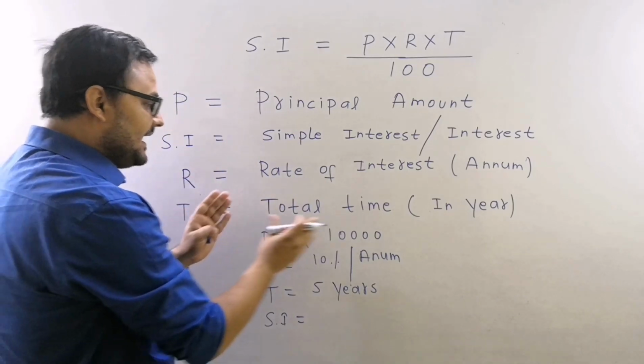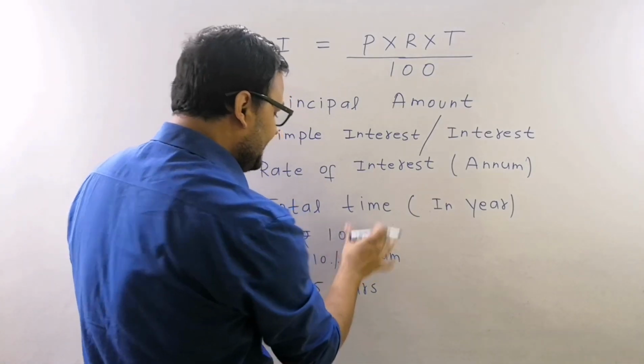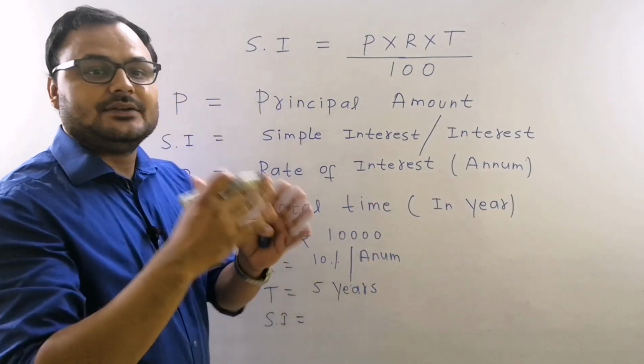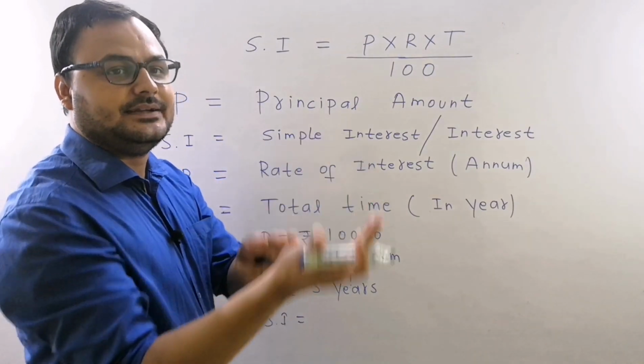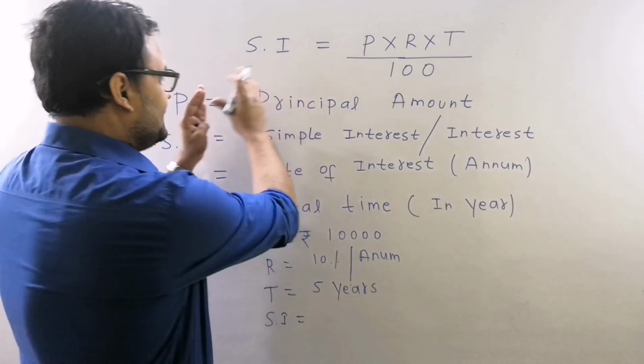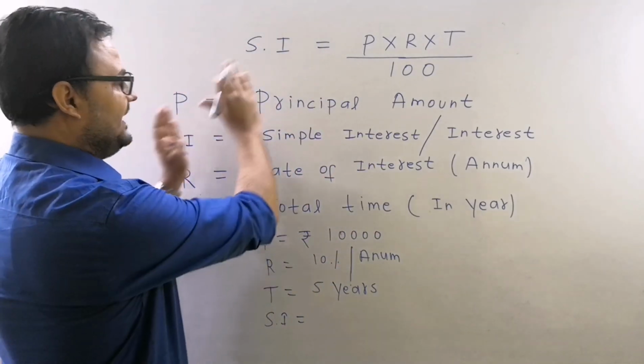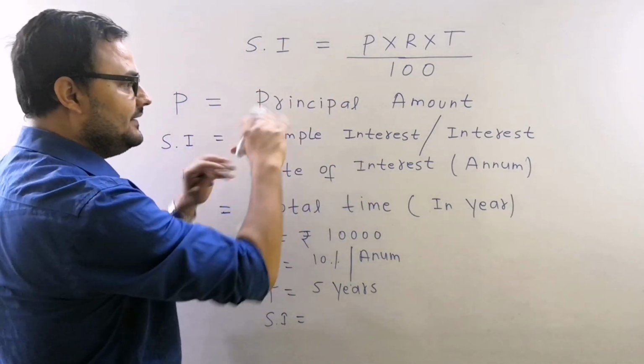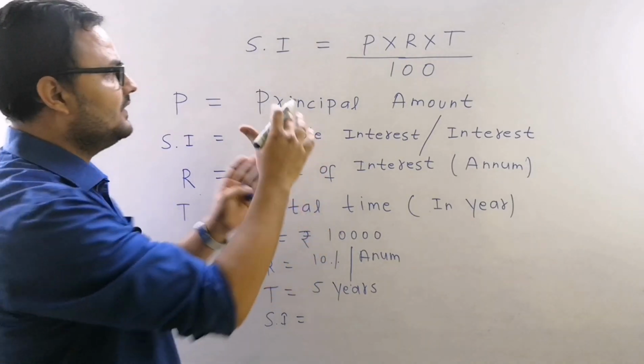So I have to pay this 10,000 along with some interest, that we call the amount or final amount. Final amount is P plus SI.